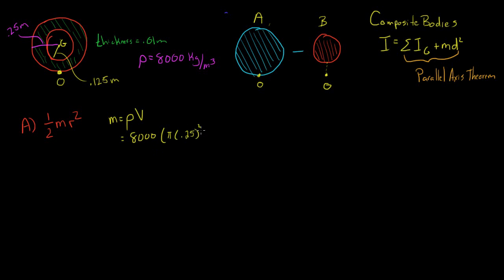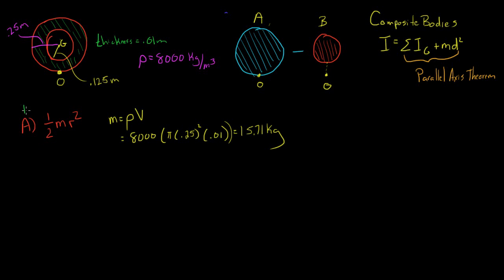So the volume of a cylinder is pi r squared times the height, and our height is just our thickness. So we have pi times 0.25 squared times 0.01. And if we multiply this all out, this is equal to 15.71 kilograms.